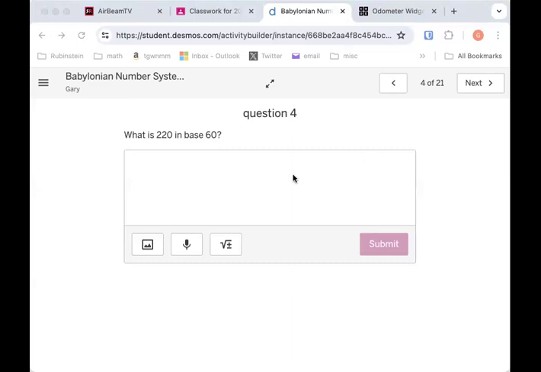But I am curious, 220 in base 10, what would that look like in base 60? Okay, so I only see 4 answers so far.